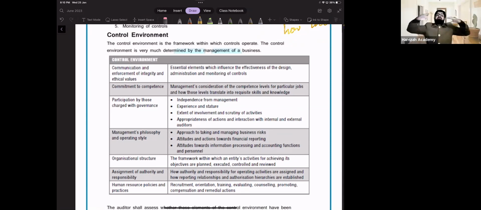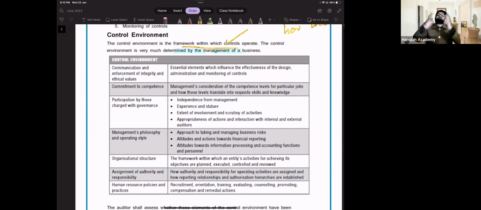If they are unfavorable factors, it is just like the weather, the conditions for the plantation. Conditions are good, plants grow, right? Otherwise they don't. So control environment is the framework under which control operates.